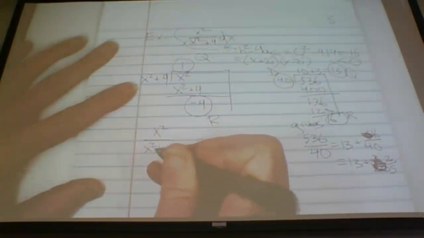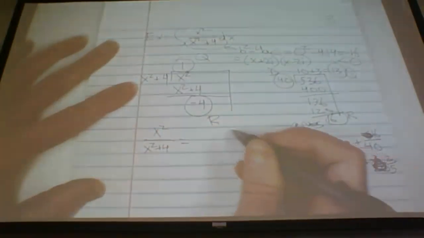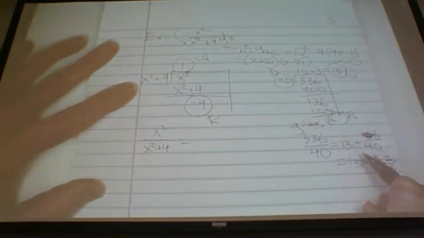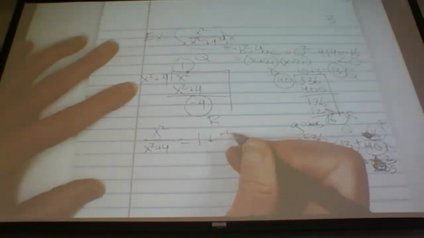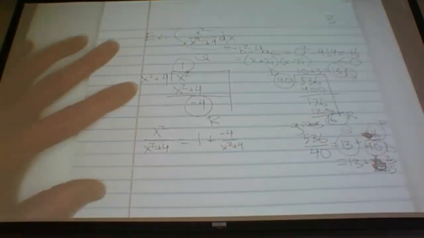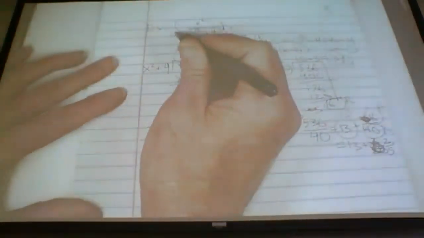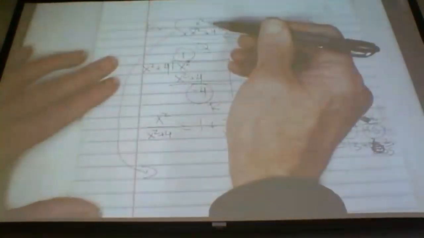This is the quotient. And so I know that x squared over x plus 4 can be rewritten as the quotient, just like I did here, quotient plus the remainder over the divisor. The quotient was 1 plus the remainder of minus 4 over the divisor x plus 4. How about that?